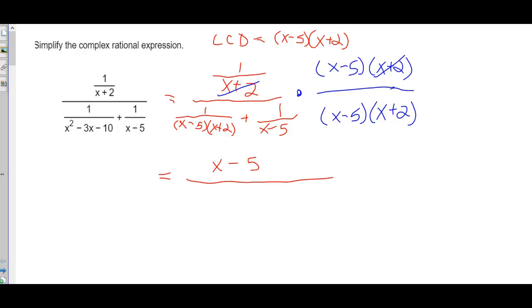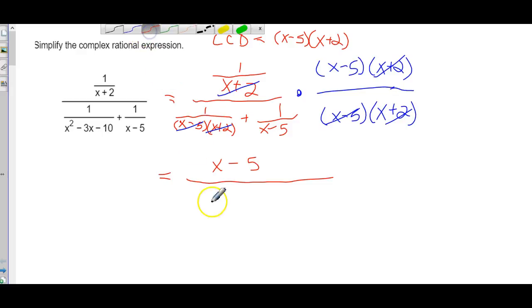With the denominator, we got to distribute, so both of these terms get multiplied by this. So on the denominator, I got an x minus 5, x plus 2 times 1 over x minus 5, x plus 2. So when I distribute to this one, this will cancel with everything and leave me with just the 1 in the numerator.